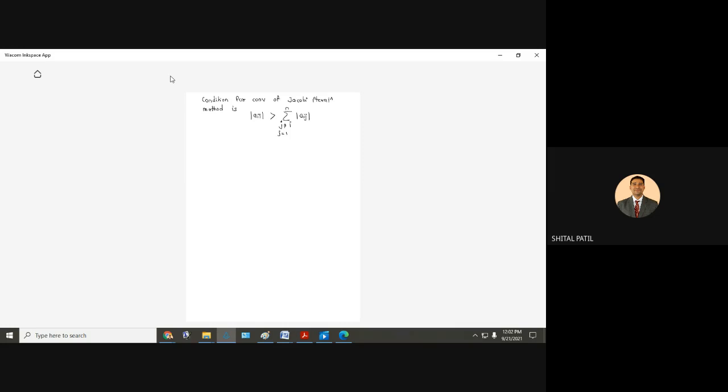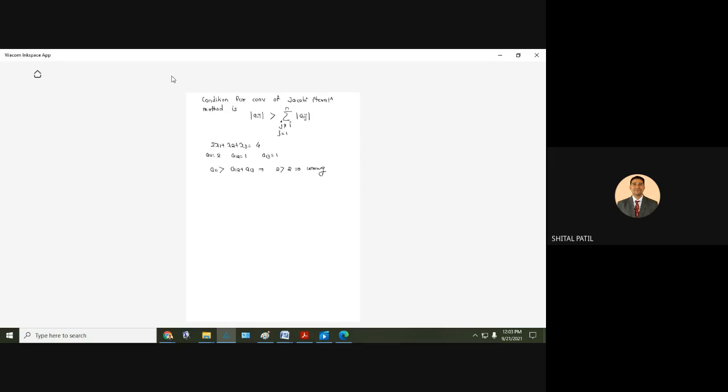Okay, so the first equation is like this. This is wrong. 2 is greater than 2?